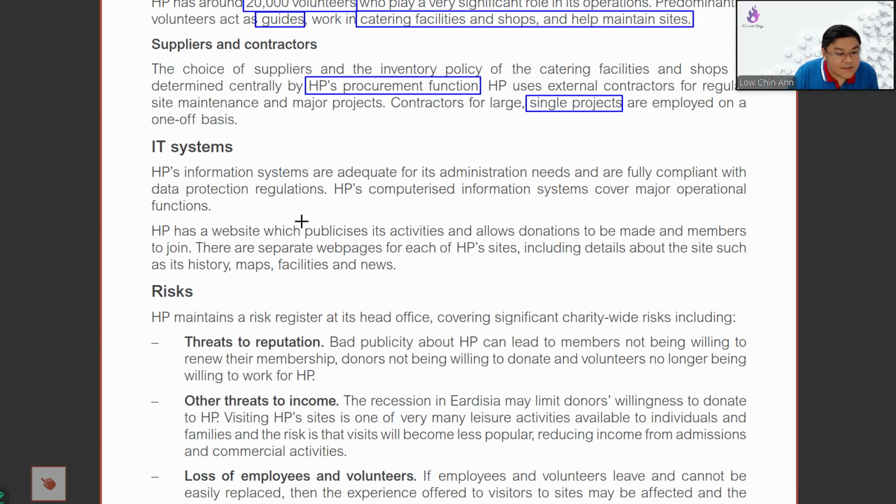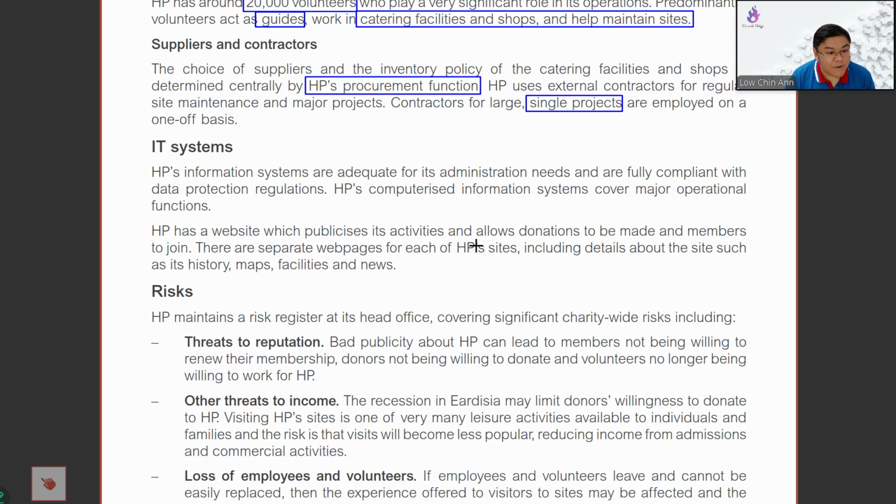Their information systems are adequate for their administration needs and are fully compliant with data protection regulation. HP's computerized information systems cover major operational functions. They have a website which publicizes its activities and allows donations to be made and for members to join.